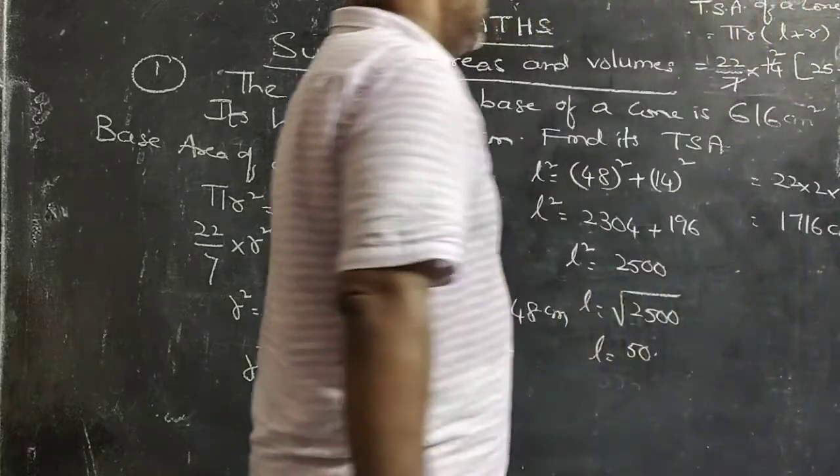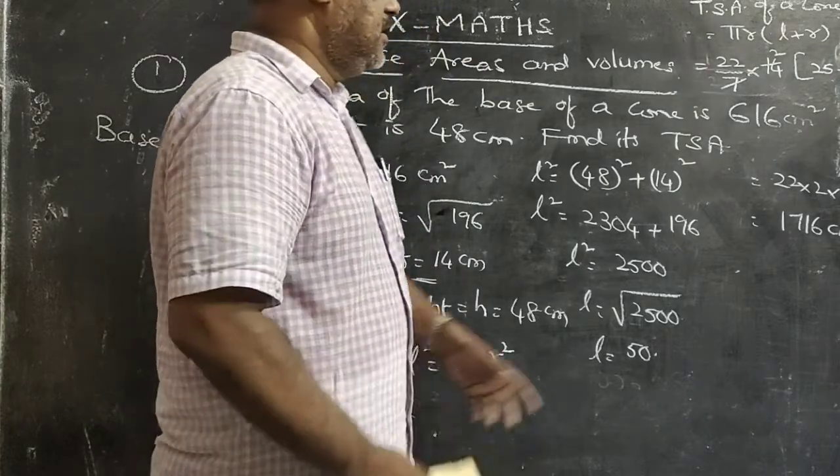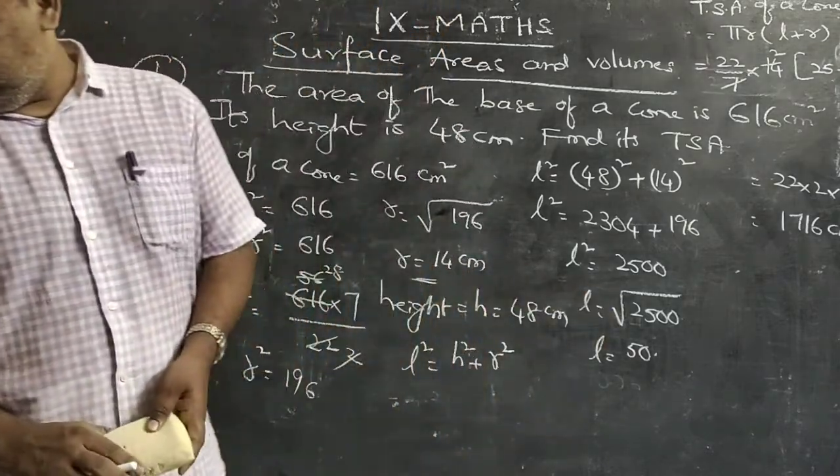So total surface area of the cone we got 1716 centimeters square.